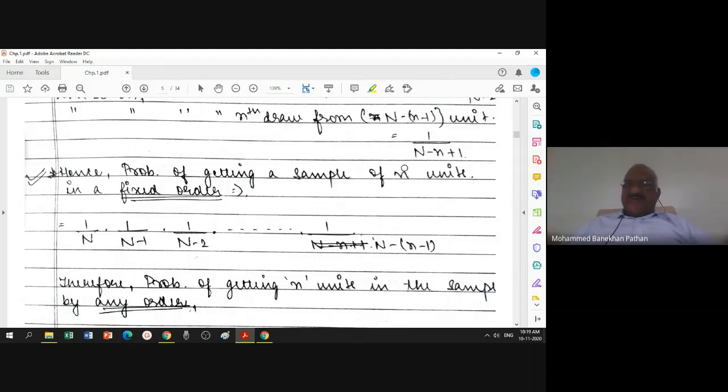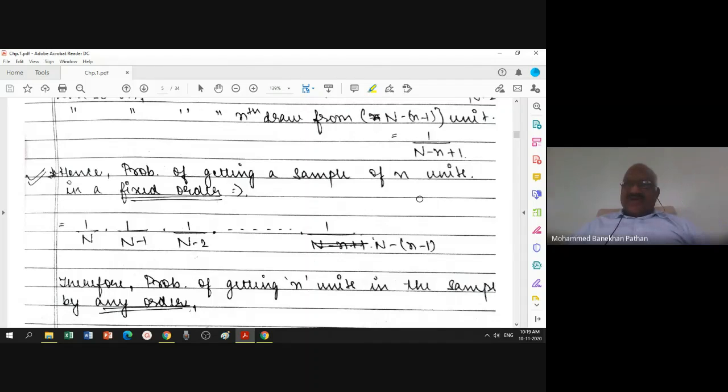If I want to explain this, suppose I want to pick up 3 units: 1, 2, 3. So I will have 3 factorial sequences: 1, 2, 3; 1, 3, 2; 2, 1, 3; 2, 3, 1; 3, 1, 2; 3, 2, 1.